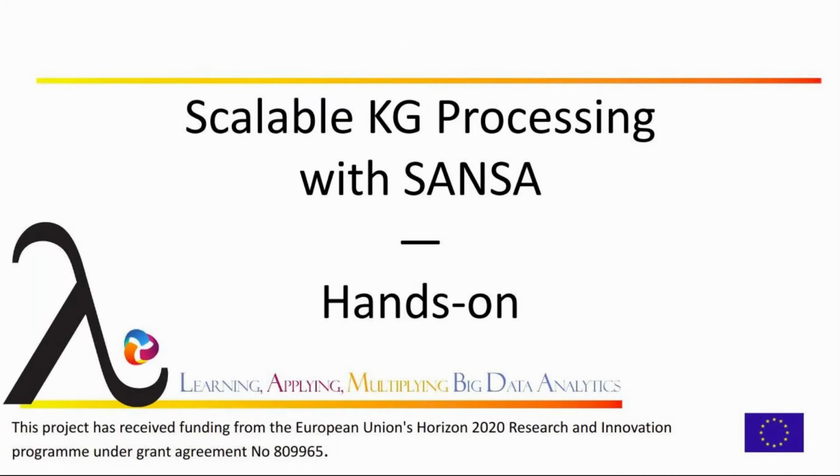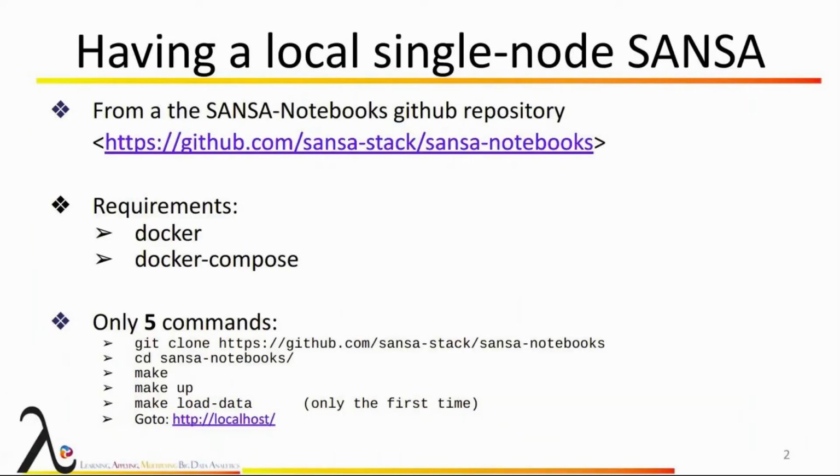So now we come to the hands-on session, that is using SANSA and SANSA notebooks. For a single local single-node SANSA, you can install SANSA from the SANSA notebooks GitHub repository. This is something that we covered initially as well. And if you need some time, please have a look at this link. The requirements for this are Docker and Docker Compose.